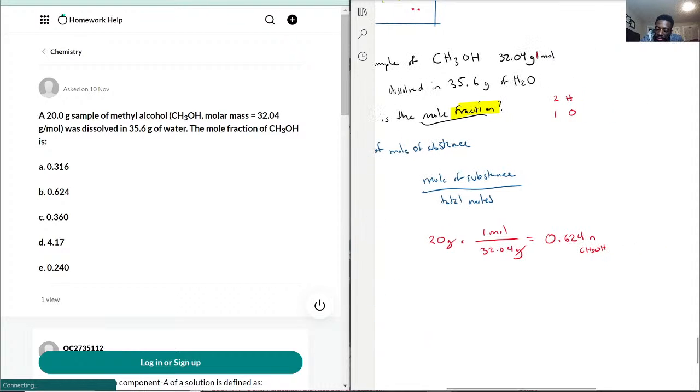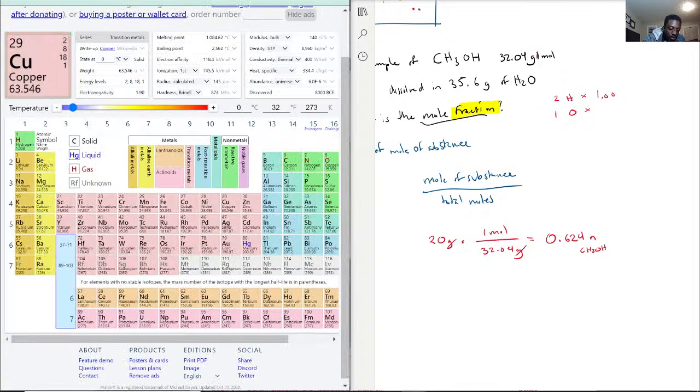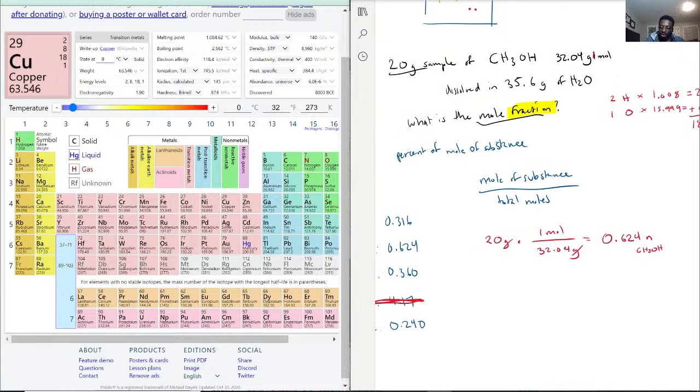Just keep things consistent. 1.008 times 2 is 2.016, plus 15.999, add them together, 18.015 grams per mole of H2O. So now we have that.